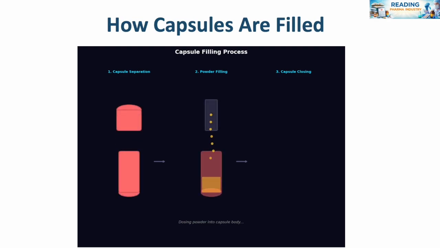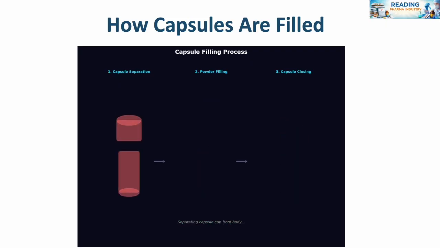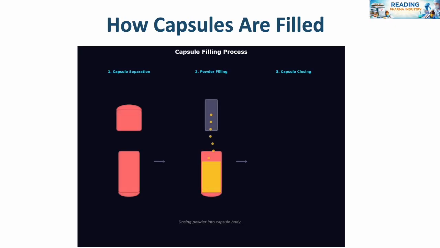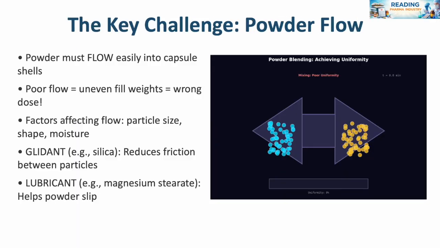While with tablets, once the powder is mixed, then the process is just pressing the tablet. So it's only one process to produce the dosage form.